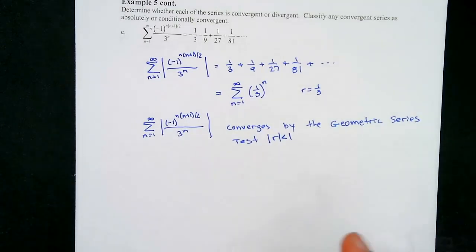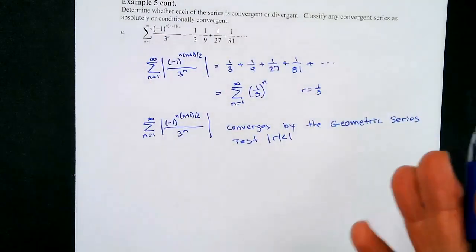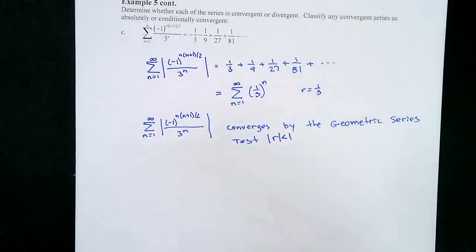So what does that mean? Well, the absolute value of this converges, which means this one also must converge by the absolute value convergence theorem.